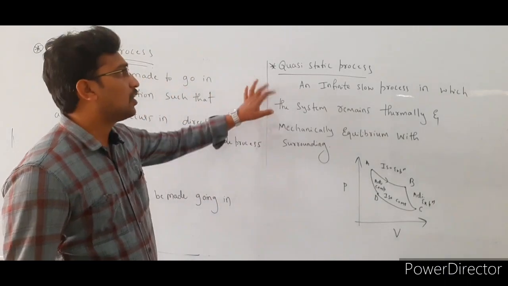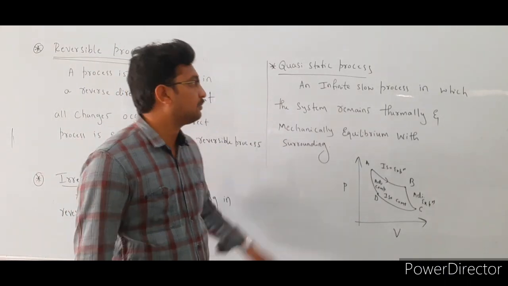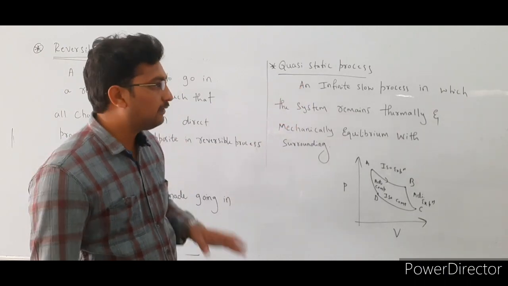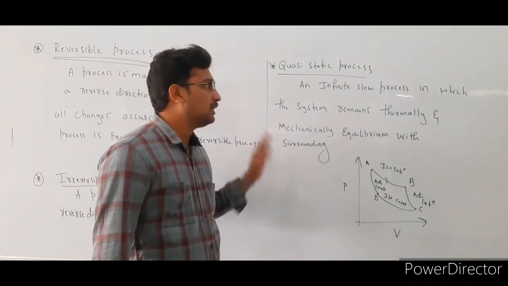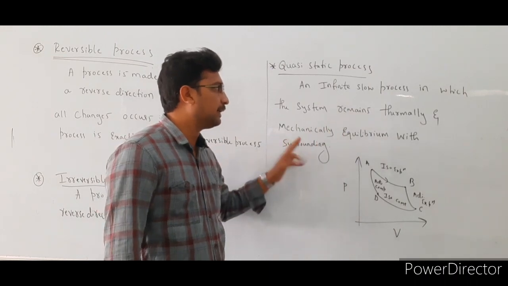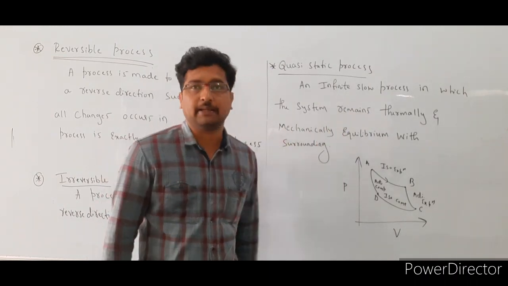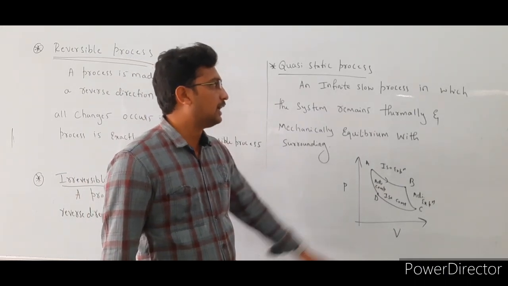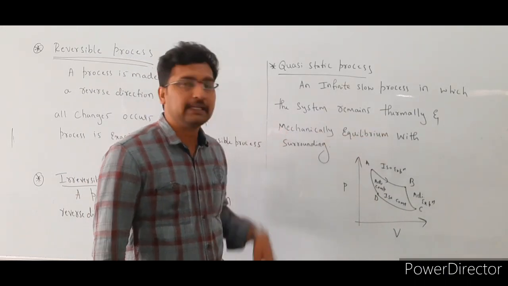And the last one, quasi-static process. A quasi-static process is an infinitely slow process in which the system remains in thermal and mechanical equilibrium with the surrounding. Already we know thermal equilibrium and mechanical equilibrium.